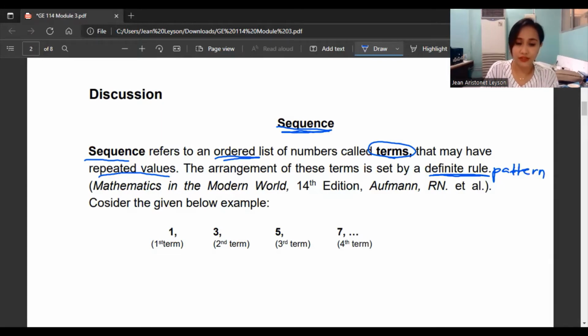We have the set of numbers 1, 3, 5, 7, and so on. The first number in our sequence is called the first term, the second number is called the second term, the third number is the third term, the fourth number is the fourth term, and so on.